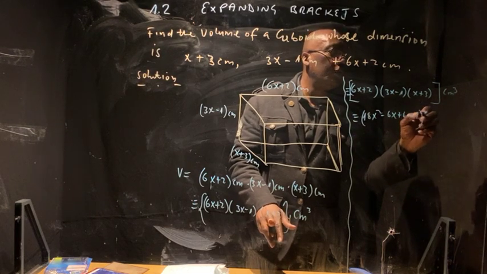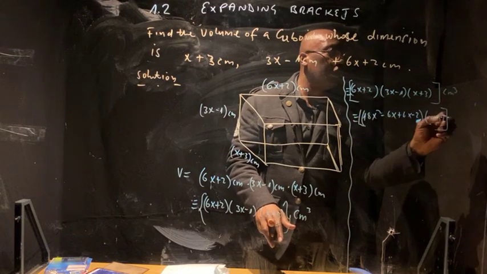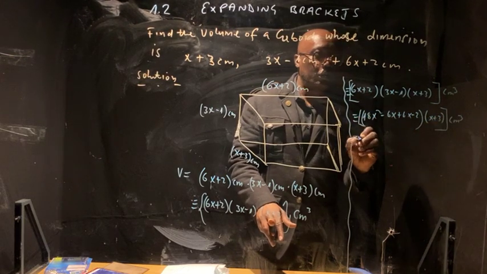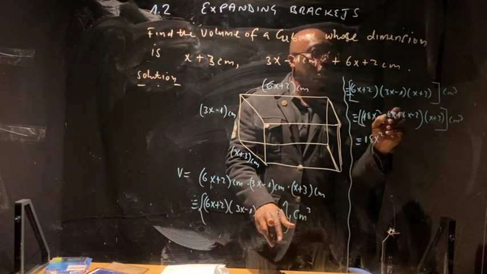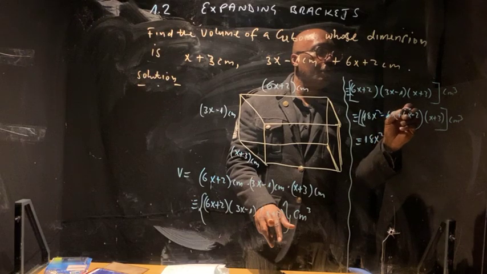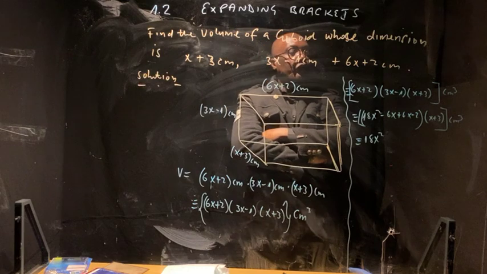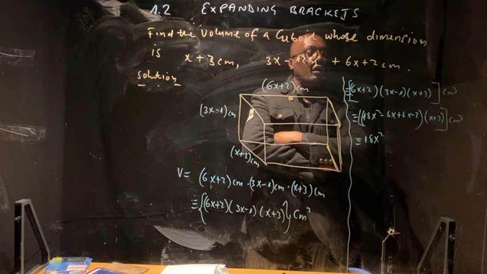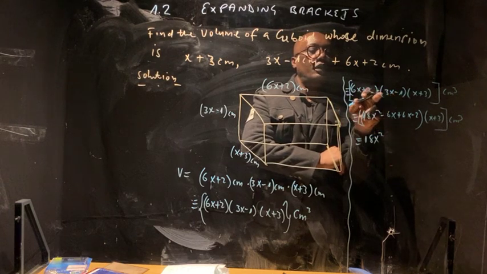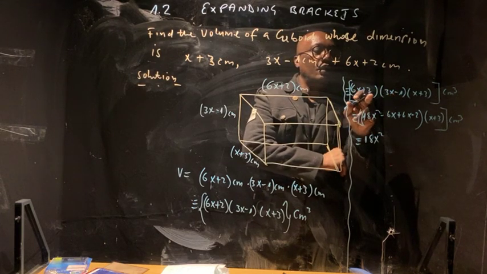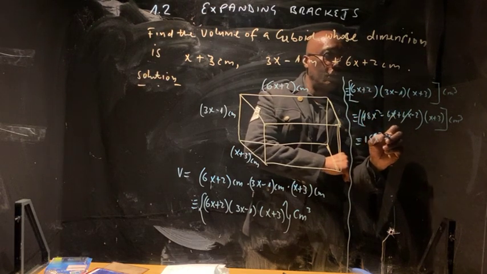Then all multiplied to x plus 3, centimeter cube, which is equal to 18x squared minus 6x plus 6x is equal to 0. Let's double check it. 18x squared, minus 6x plus 6x, correct, minus 2. This one will cancel this one, so we have minus 2.